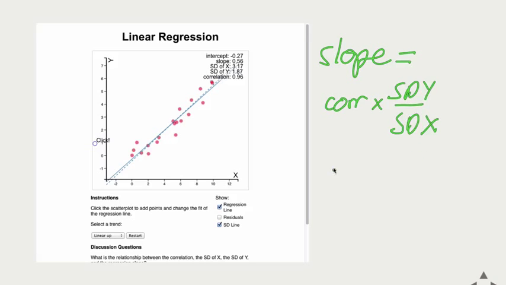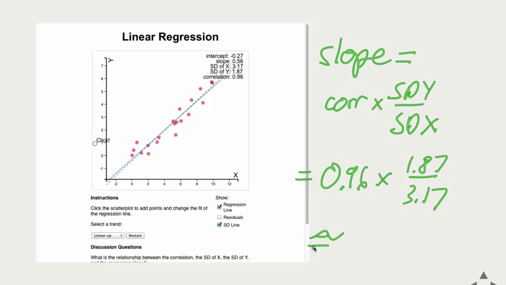In this case, 0.96 times 1.87 over 3.17. Eyeballing it, it looks approximately equal to 0.56. You can interpret the correlation in the following way.